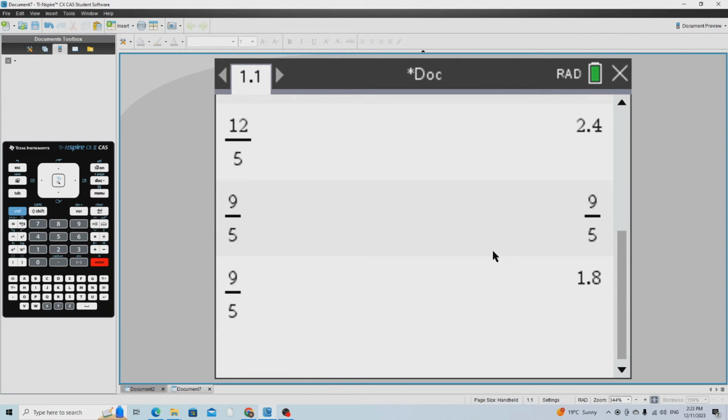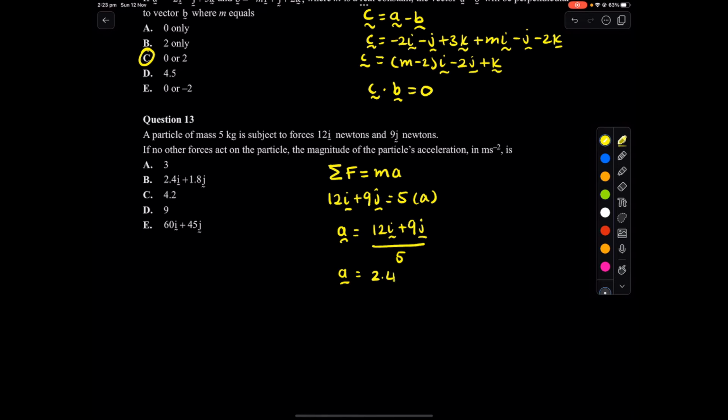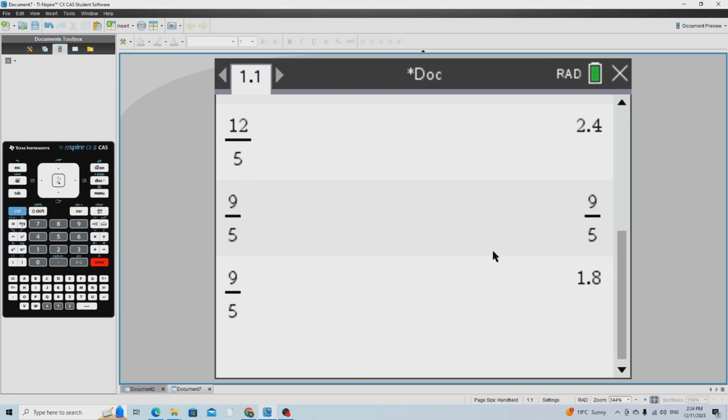Okay, that is just 2.4i plus 1.8j. Now look at the question. It says the magnitude of the particle's acceleration. This is a vector. We want the magnitude. So we want the magnitude of A. So it's just going to be the square root of 2.4 squared plus 1.8 squared. And that's going to give us our magnitude, which we can get with a calculator.